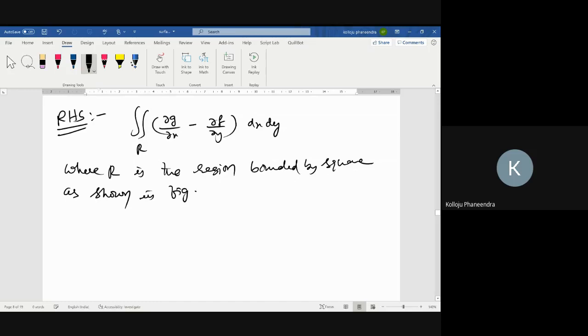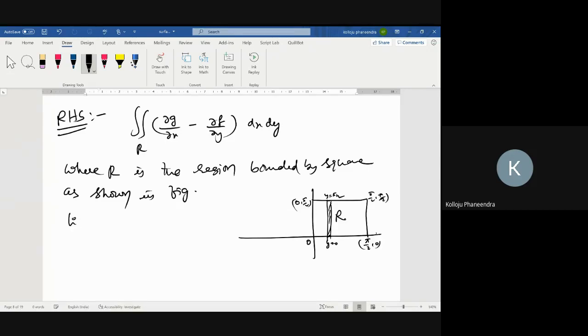If you want, you can draw it once again. The figure has corners 0, pi by 2 and pi by 2. This is R. Consider one vertical strip, from y equal to 0 to y equal to pi by 2.